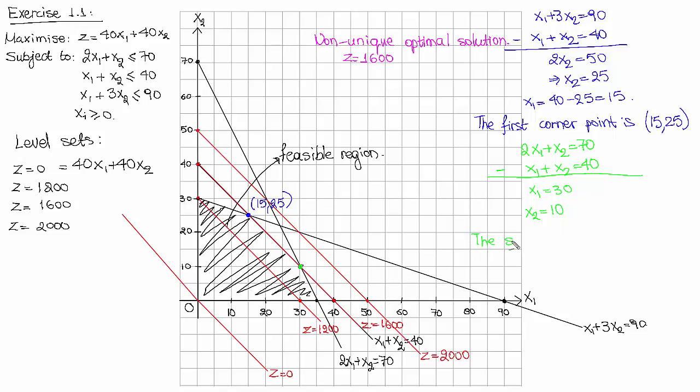So the second corner point is 30, 10. So to summarize, we have a non-unique optimal solution that we can get from the two different points of the feasible region, 15, 25 and 30, 10, and the optimal value is 1600.